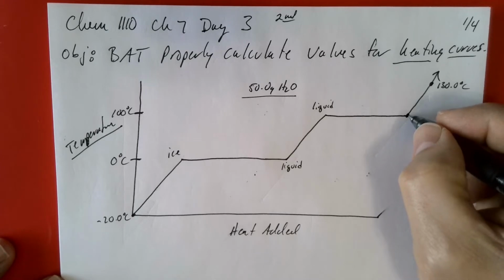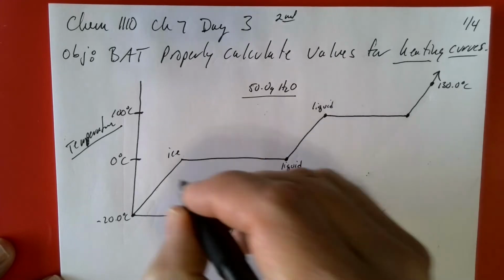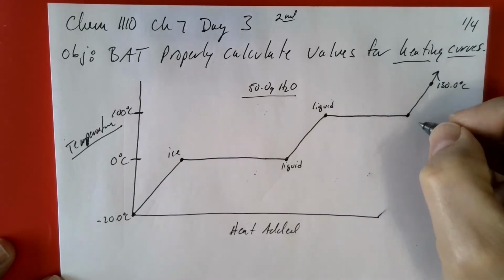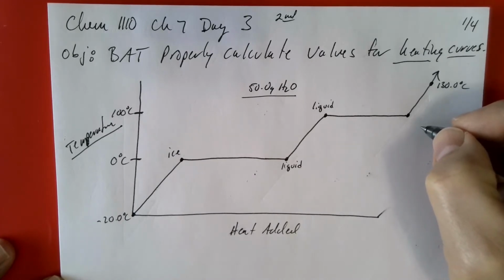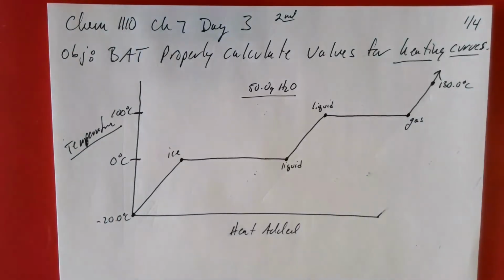What's over here? Nobody knows what happens when you continue to heat water? It turns to a gas. Oh, it turns to a gas. Was that hard? I didn't realize that question was that hard.